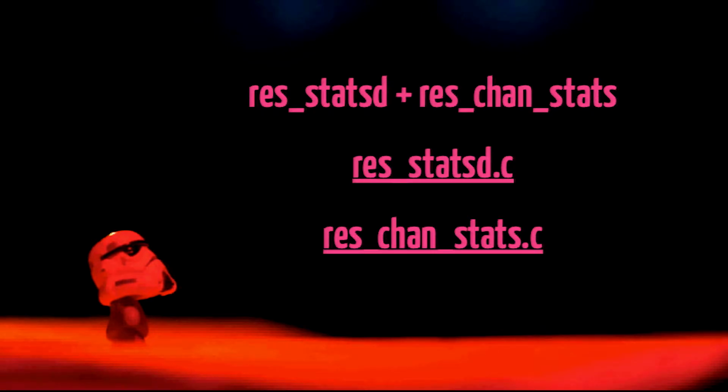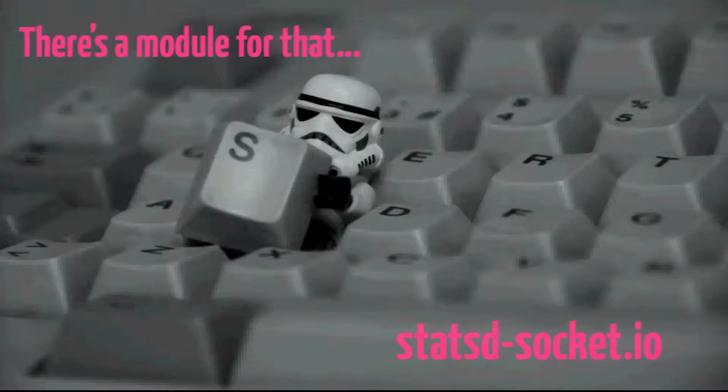You can write your own. And that's made by the guys at Etsy. And there's a module already written for StatsD that would help me an awful lot right now. It's called statsd-socket.io. I don't really know what the pros and cons are. I only heard about it on Monday, so I'll be looking at that. But I'm going to carry on as though I don't know about that.